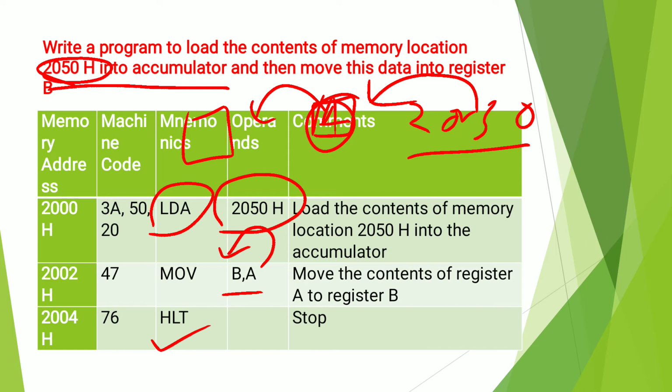The starting address of the program is 2000. Now LDA 2050 is a 3-byte instruction. So after the LDA instruction, the next memory location is 2003, and this is a 1-byte instruction. So the next memory location after MOV B, A is 2004.